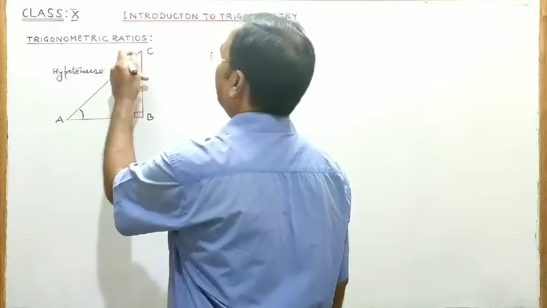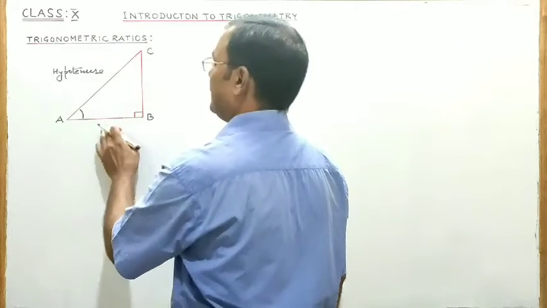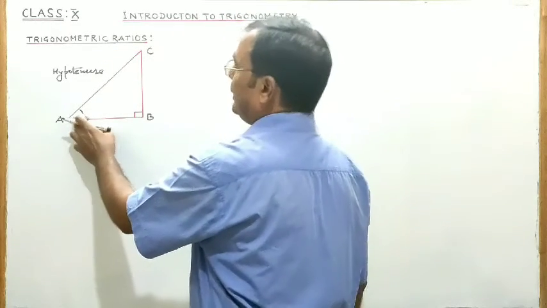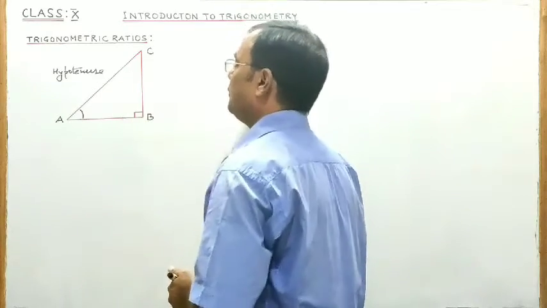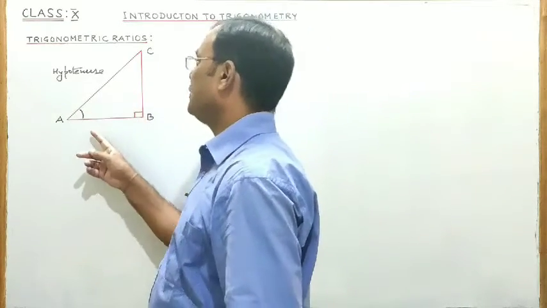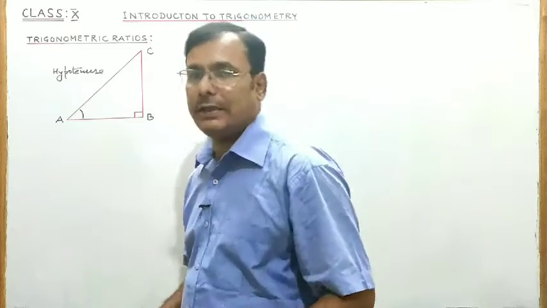Angle A or angle CAB, in brief angle A, is an acute angle of this triangle for which we are going to define trigonometric ratios.